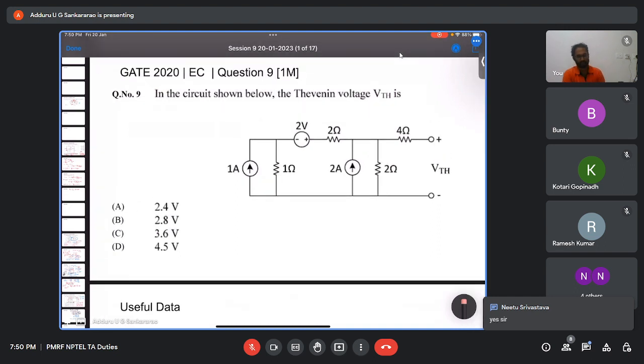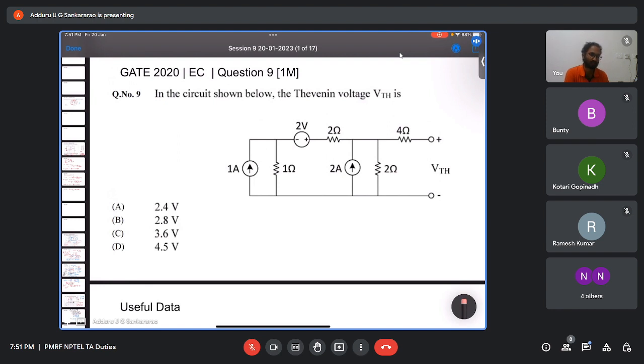This was given in GATE 2020 ECE. They are asking: for the circuit given below, find the Thevenin's voltage VTH. For Thevenin's resistance, we take the equivalent resistance seen from the load terminal when all the current and voltage sources are deactivated.